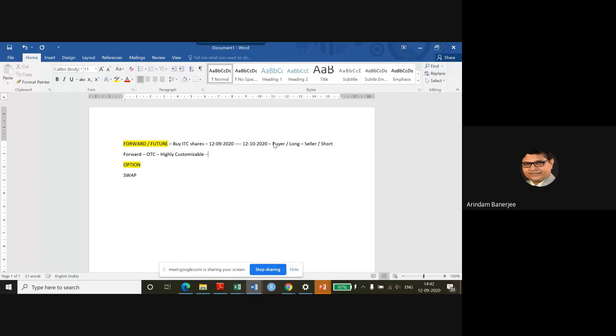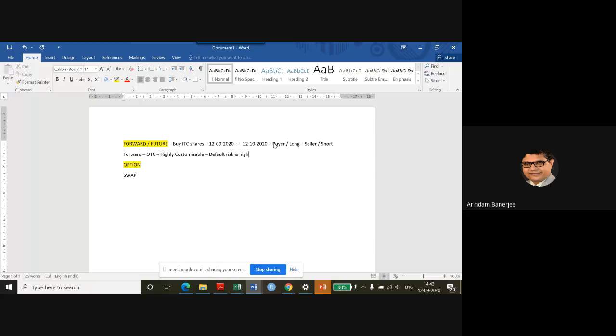On the other hand, the default risk is very high, because out of the two parties, the party which may get into a disadvantageous position on the date of execution, there is a high possibility that he may not turn up on the final day. He will be unwilling to execute the contract.